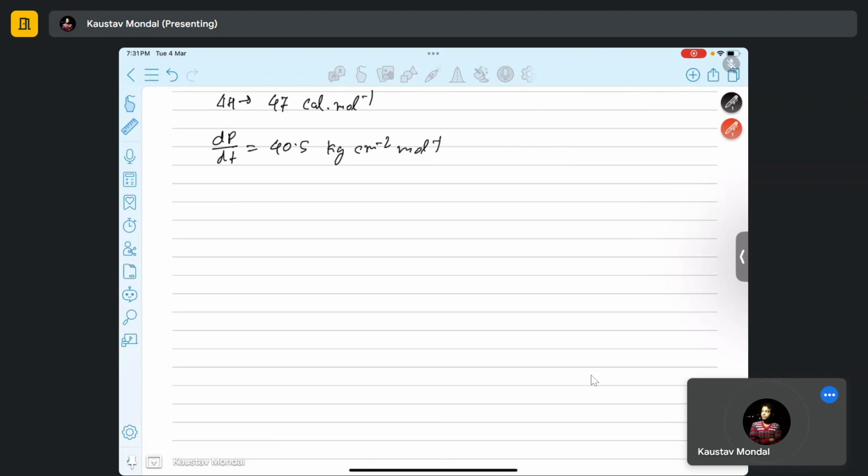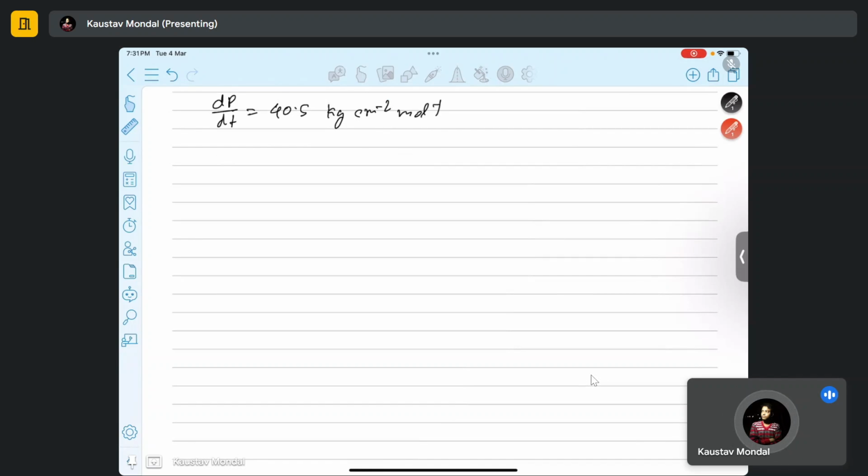Okay, this is normal just mass per area, but that is not sufficient, right? Because all the units should be in correct order. So dPdt, you can multiply 40.5 into 9.8 into 10 to the power 2.